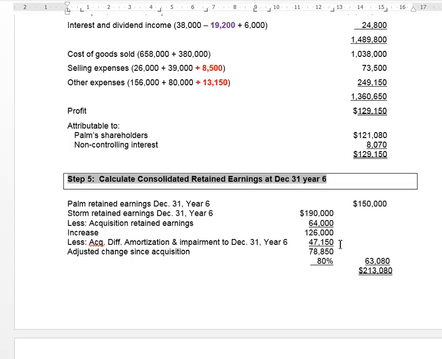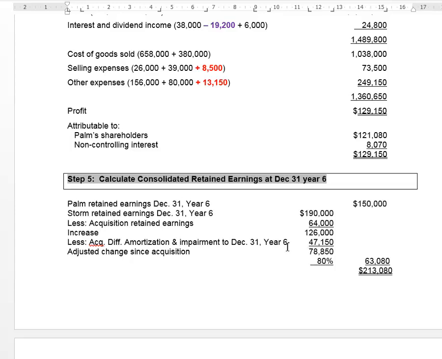So you kind of have to envision here that every year that we were calculating consolidated retained earnings for the consolidated balance sheet for year 4 and year 5, we would have already been adjusting any of the previous year's income statement adjustments from a consolidated perspective to the retained earnings of the sub.